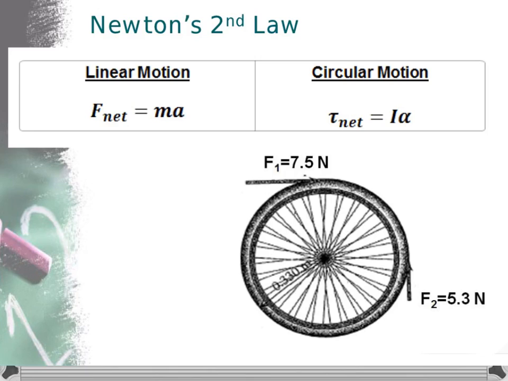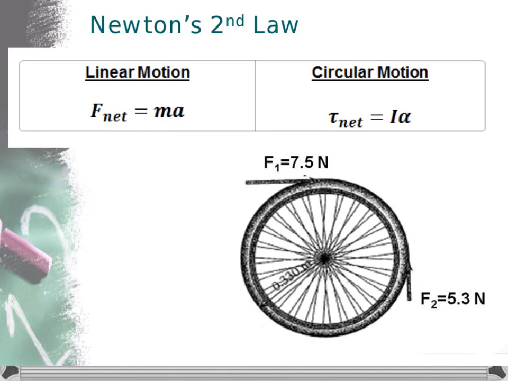Let's talk about Newton's second law now. Because we've talked about torque, we've talked about rotational inertia, and now we're talking about angular acceleration. If something can speed up as it goes around a circle, is there something similar to Newton's second law that applies to circular motion?